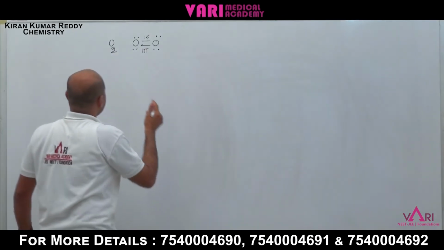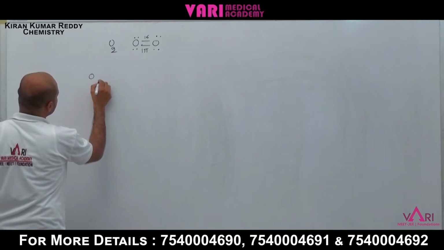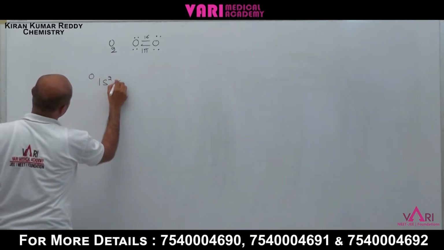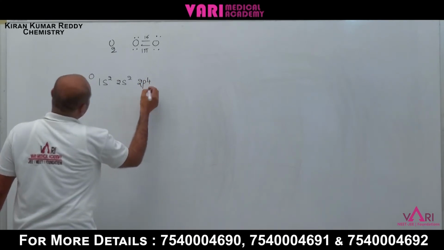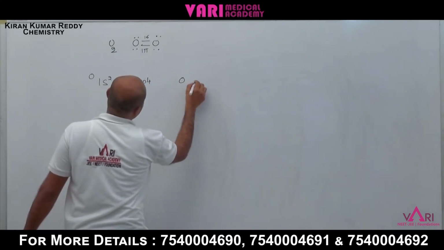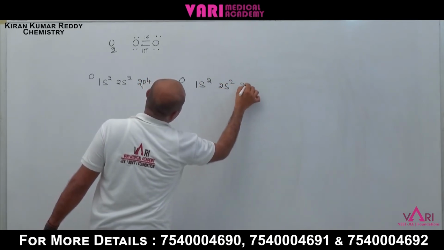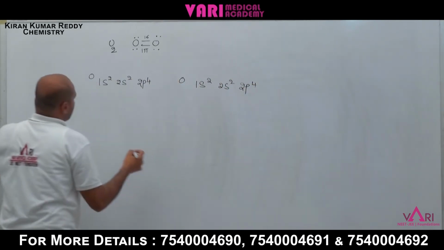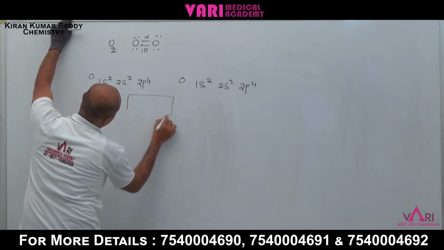Now first I am writing the electronic configuration of one of the oxygens: 1s2, 2s2, 2p4. Here also taking another oxygen atom, 1s2, 2s2, 2p4.